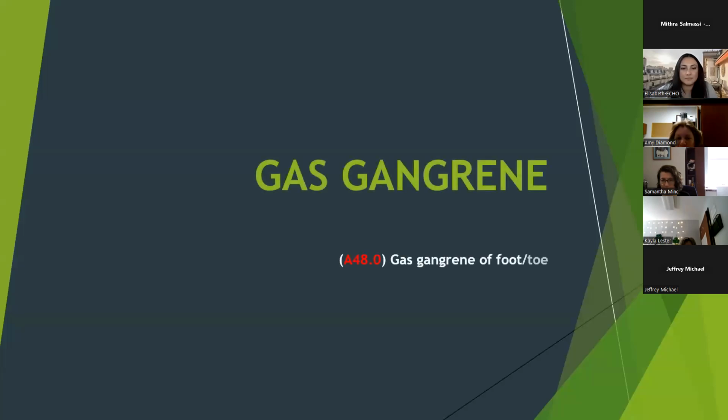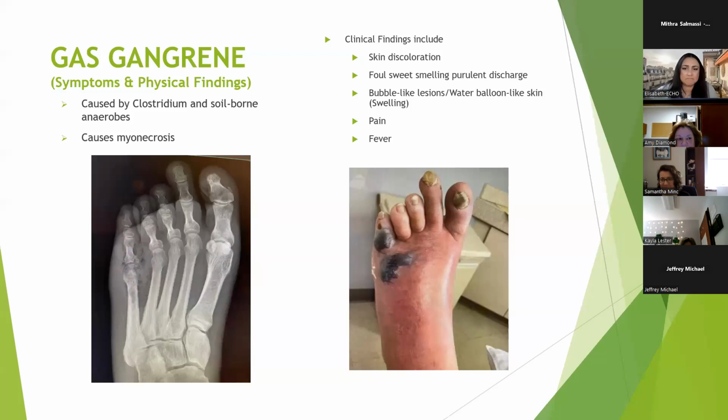So the second complication is one of a more serious nature, which is gas gangrene. And that, again, the ICD-10 code. And next slide. So early detection and recognition in this can be critical for the amount of damage, because this is a type of problem that is caused by a Clostridium perfringens organism or any other soil-borne anaerobe, and it can cause rapid myonecrosis.